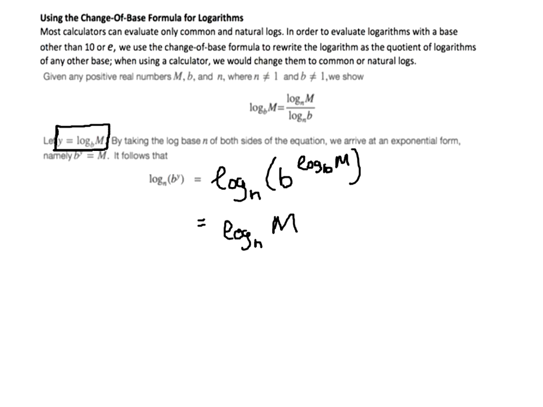And now, from that, let's see, log base n, that comes log base n of m. So right now I'm to the point where log base n of b to the y power is equal to log base n of m.